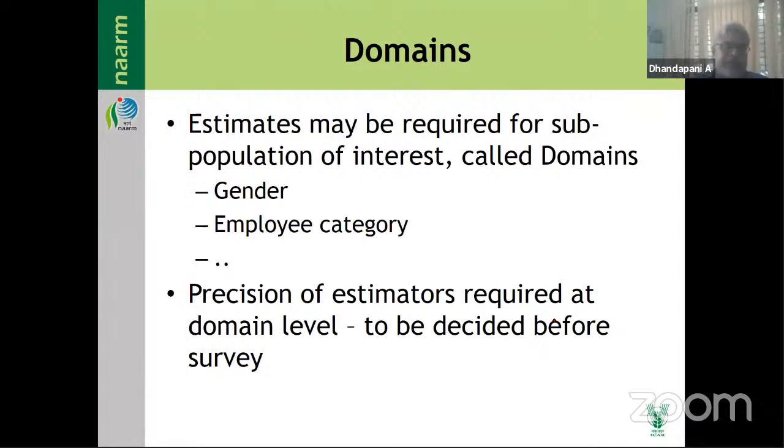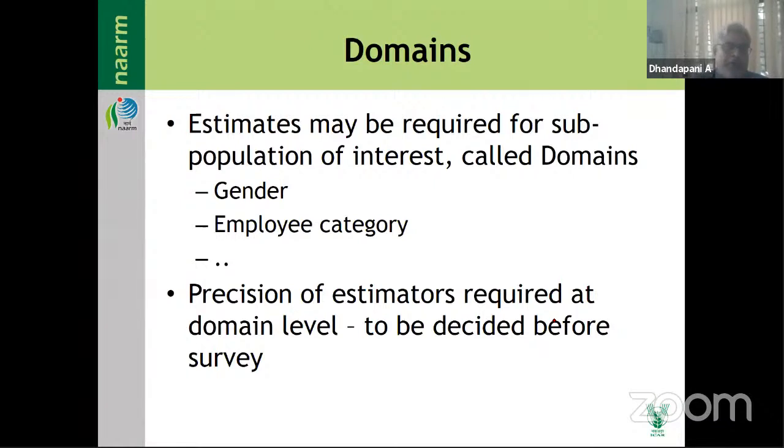Naturally, if you don't consider these, these are basically called a domain, which is basically a subpopulation of interest. In many surveys, people would be interested to have this information, whatever information you are going to project for the entire population, also available for these subpopulations of interest. It could be gender, it could be employee category, or it could be anything.